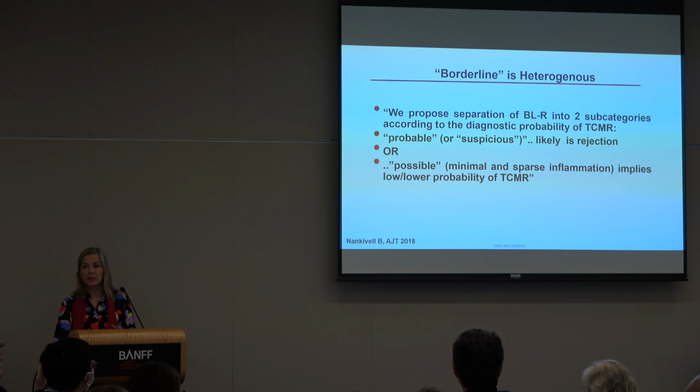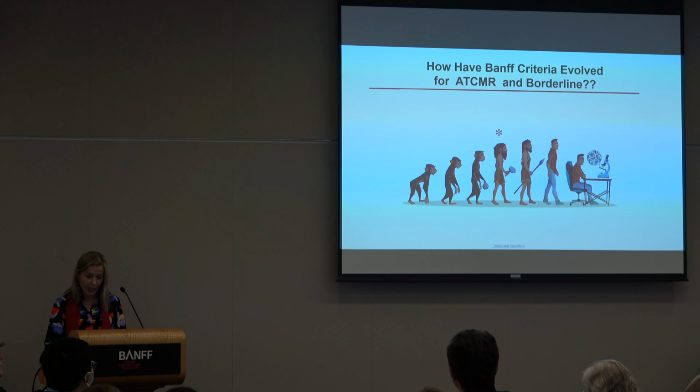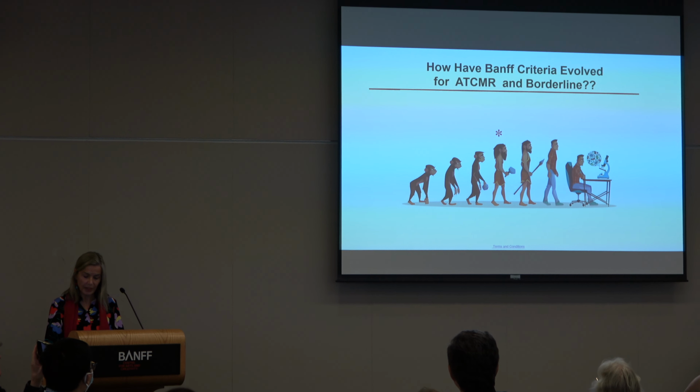And this encapsulates why I do not use Banff. Just say borderline and then say below as a diagnosis, and then below borderline, but I think it's rejection, or borderline, but I don't think it's rejection. For T-cell mediated rejection, I say this meets CCTT criteria for acute T-cell mediated rejection, and for everything else we use Banff. So how have Banff criteria evolved for acute T-cell mediated rejection and borderline?